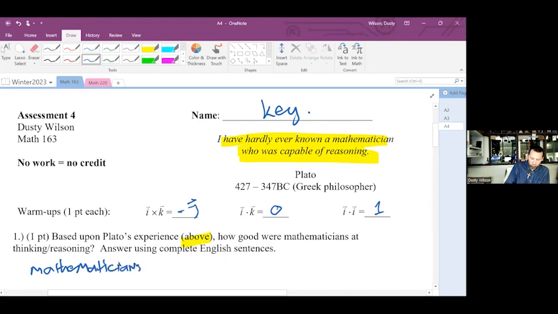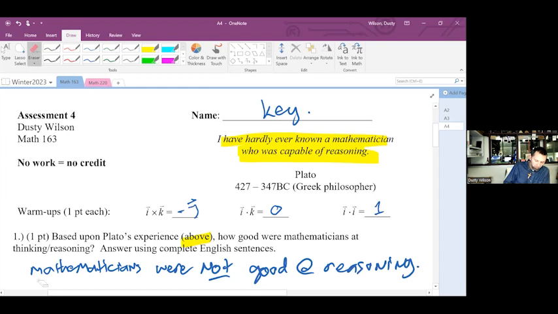Mathematicians were not good at reasoning. Period. And since it's a sentence, we should probably start with a capital M.